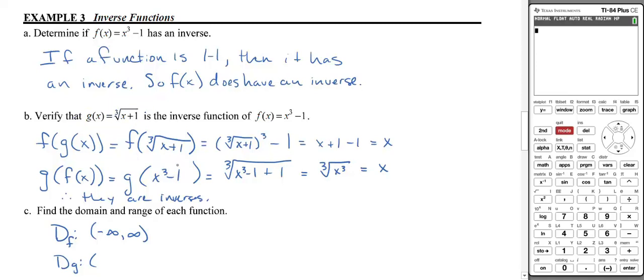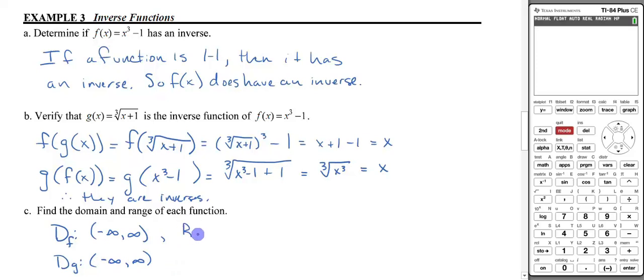Now if it was an even root, such as a square root, I could take a square root of a negative number and then be in imaginary numbers, but with cube roots that does not happen. Odd roots are okay. So our domain for g is again all real numbers.